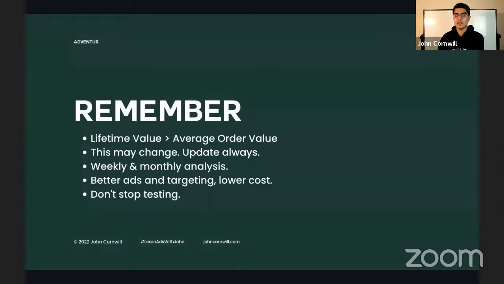So nakuha, for example, nakuha kong customer si Princess sa ads ko. So nagbayad ako ng 500 pesos kay Facebook to get Princess. Pero, okay, so nagkaroon na lang ako ng, sabihin natin, 1,000 na net profit. Pero yung 500 pesos na yon, if maganda yung remarketing strategy ko, later on, mapapataas ko yung lifetime value niya.